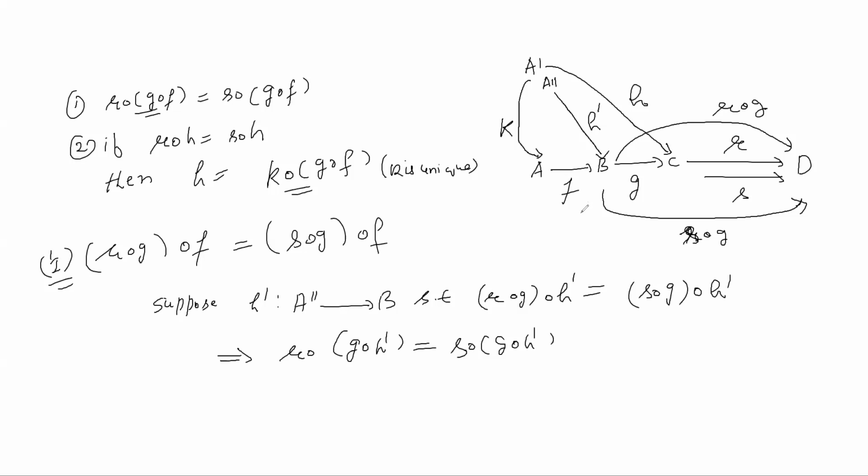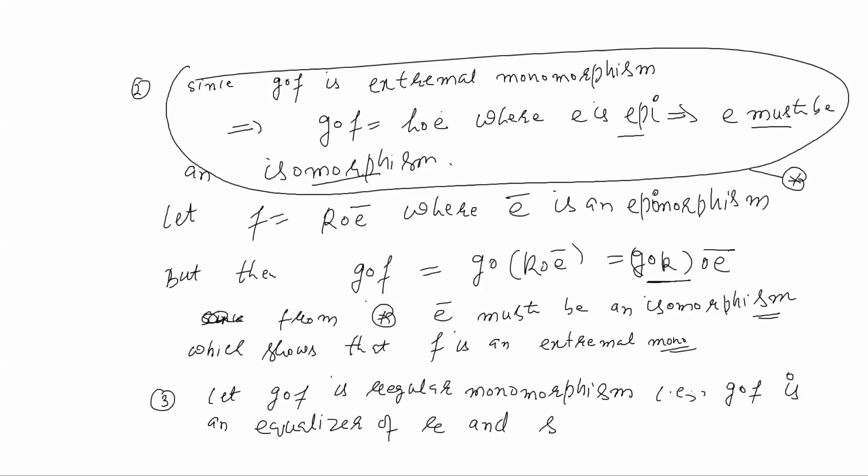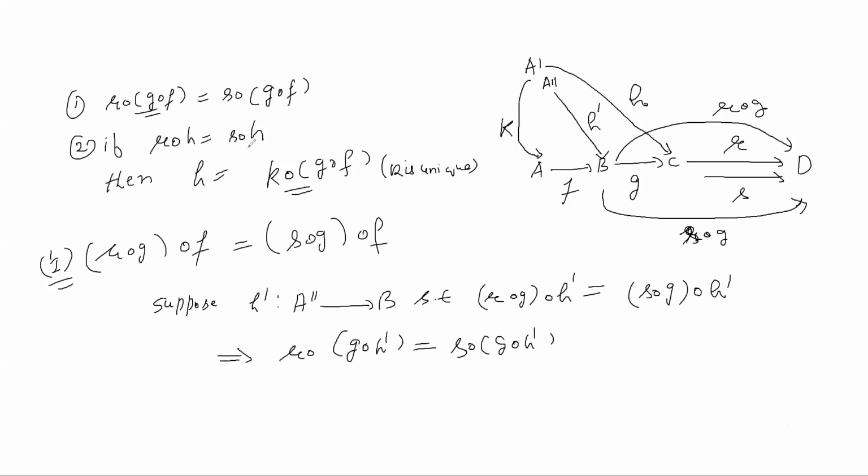Just go back. No, we have this condition. If R composition H is S composition H, the second thing, then H must be this thing. Okay, so I think we are true.